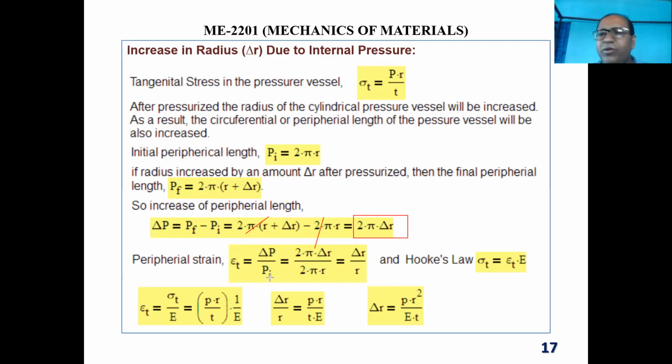Change of length divided by original. Change of length is delta P, the value is 2 pi delta R, and the initial length is 2 pi R. So epsilon t equals delta R by R. Okay. So sigma t equals this.